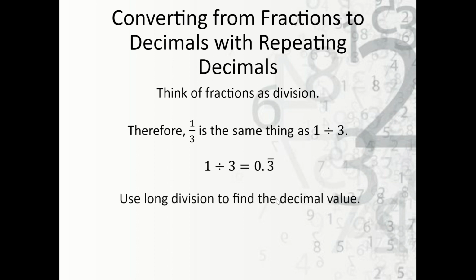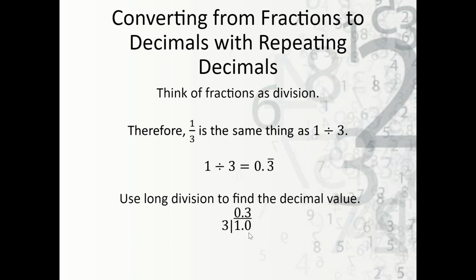We could also use long division to figure this out. I put this in as 1 divided by 3, and I know that 3 can't go into 1, so it's going to be 1.0. So I just add that decimal point. Now, how many times does 3 go into 10? It goes into it 3 times.